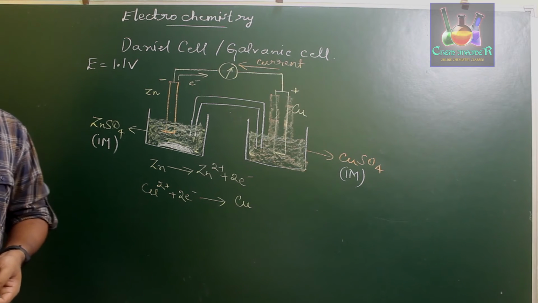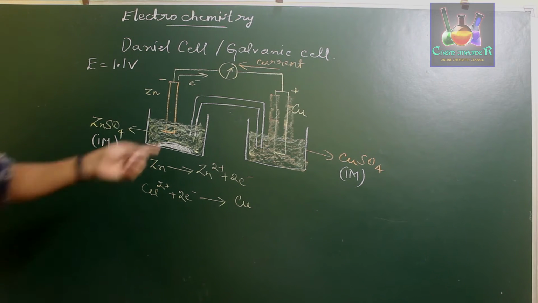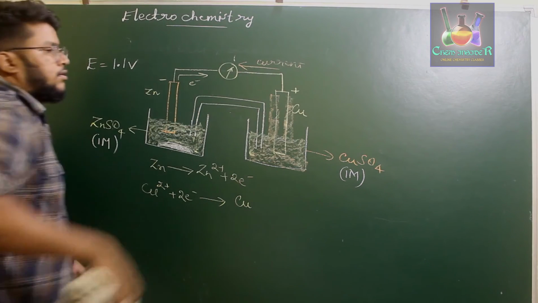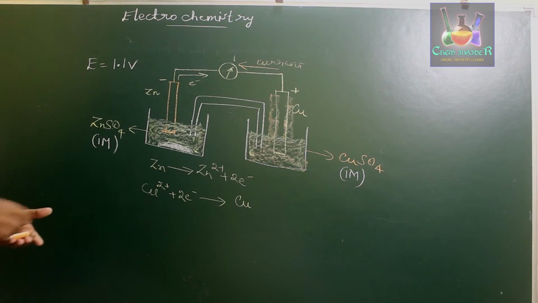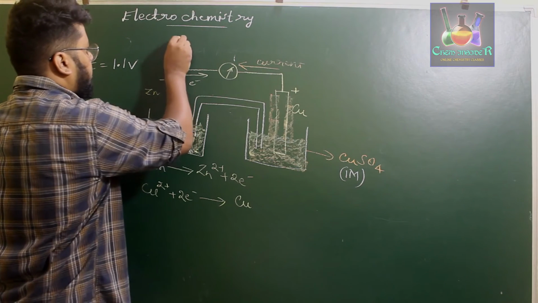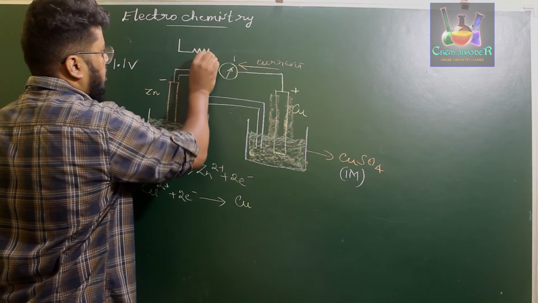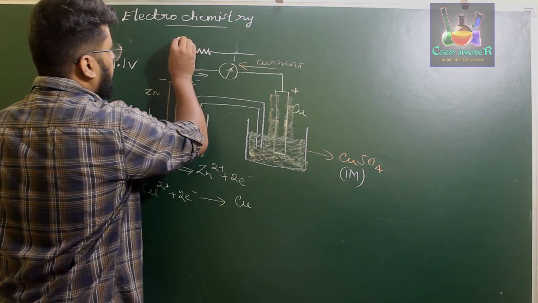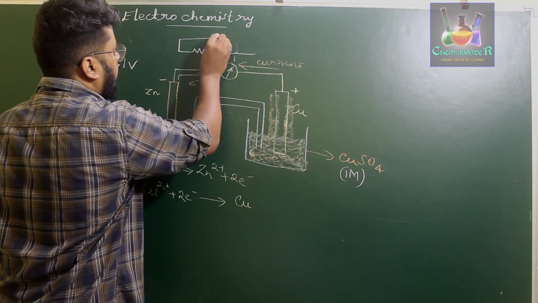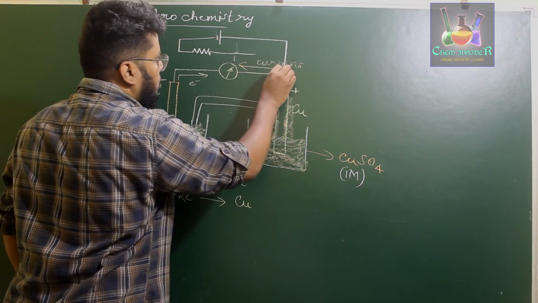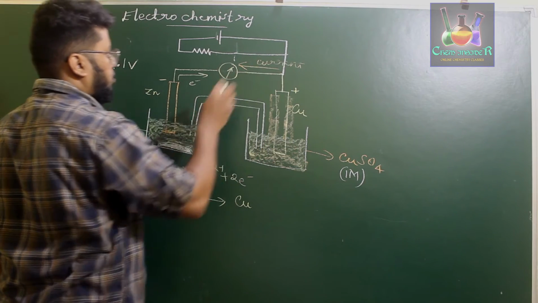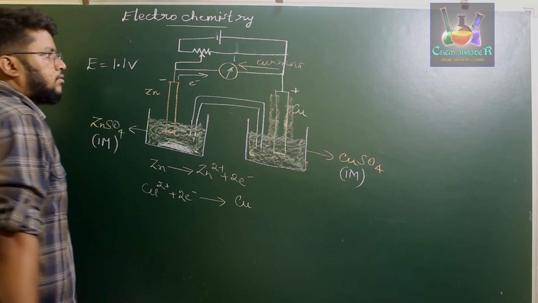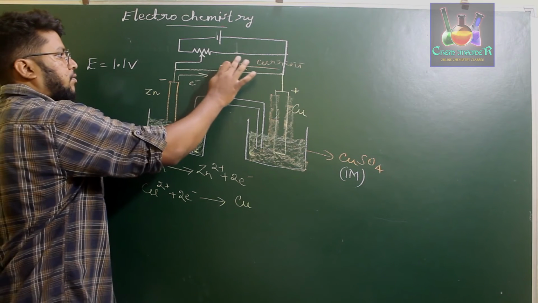Considering the same reaction, I'm connecting these two with an external potential. The external circuit has a resistance, a rheostat, and it is connected to a battery. The positive end of the battery is connected to the positive end of the circuit, and the negative end is connected to the rheostat. So this is what we are observing over here.